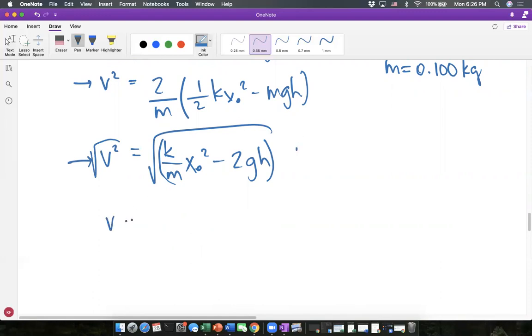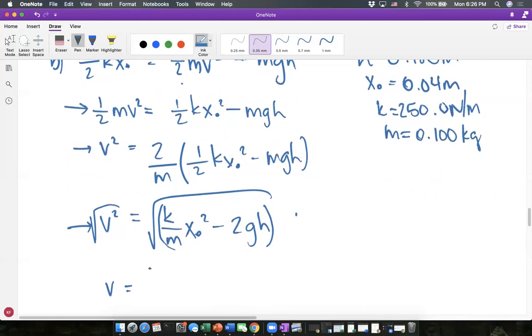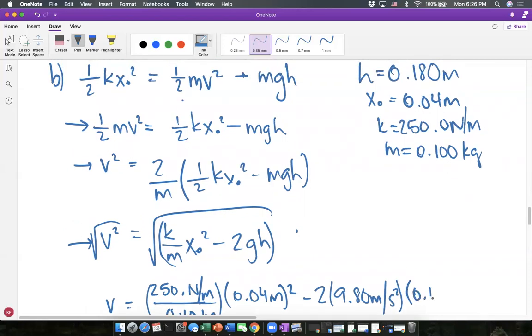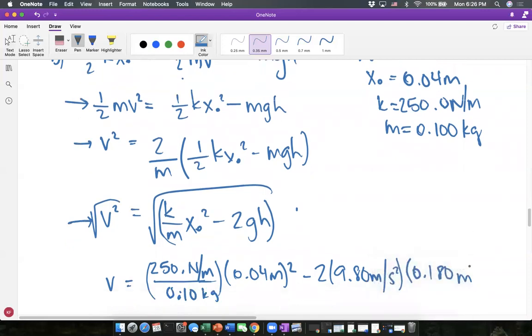So we can plug in our values. We have k, which is 250 Newton meters, divided by my mass, which is 0.1 kilograms, and that's multiplied by our displacement of the spring squared, minus 2 times 9.8 meters per second squared, times our height, which is 0.180 meters.